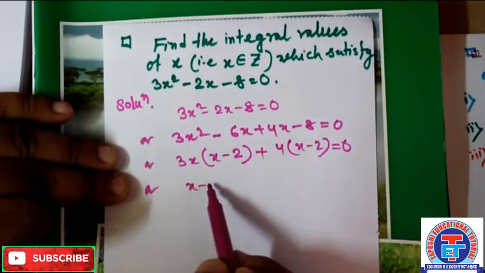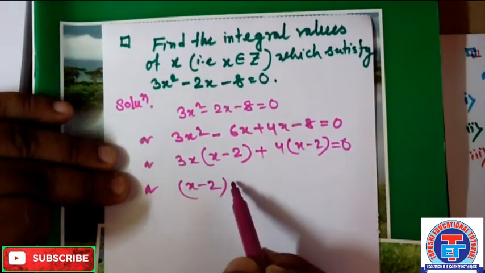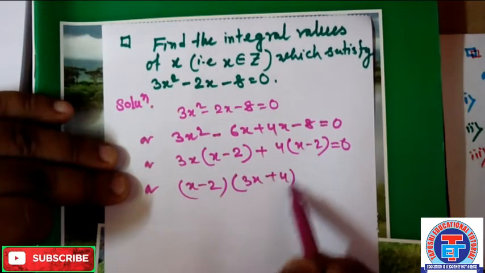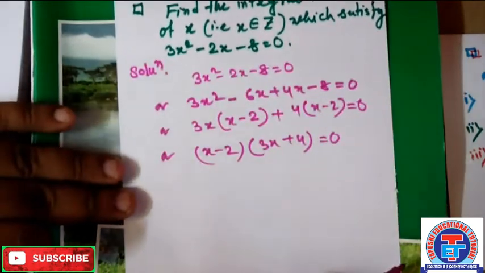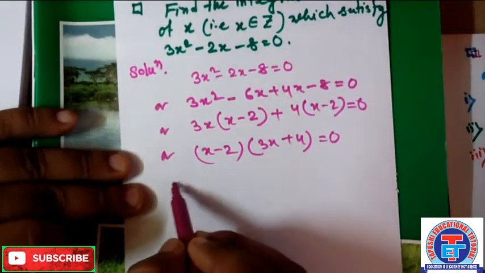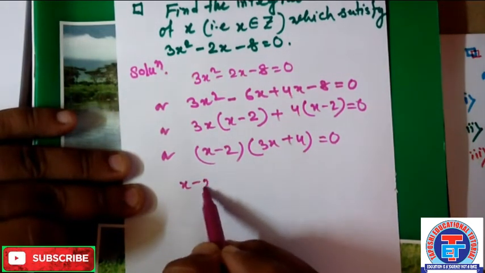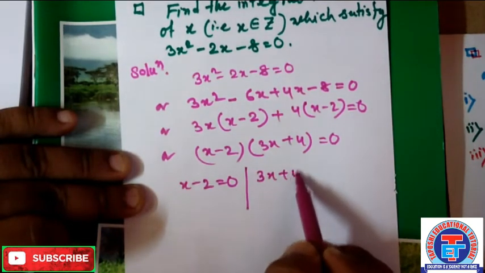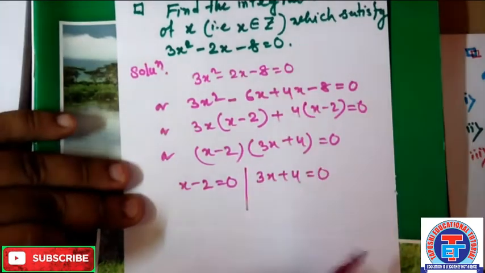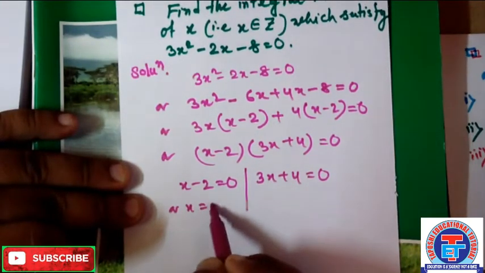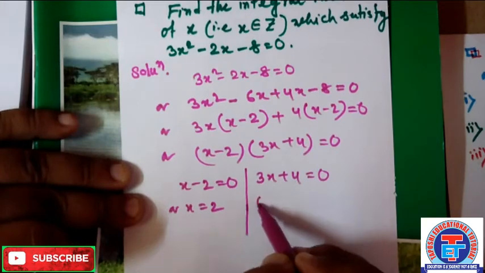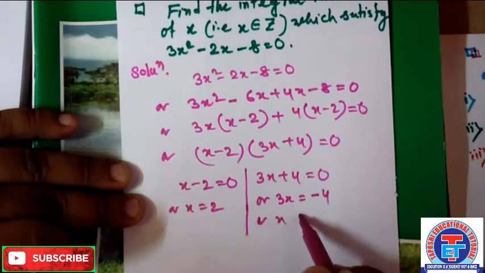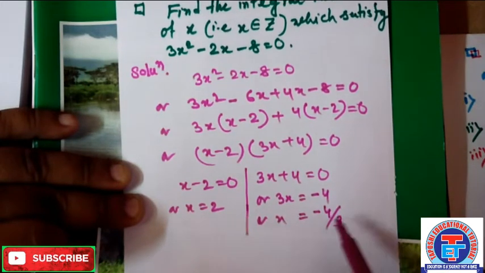Or x minus 2 is common here, and 3x plus 4 is equal to 0. Right, student? So here either x minus 2 is equal to 0, or 3x plus 4 is equal to 0. Right? So x is equal to 2, and here 3x is equal to minus 4, or x is equal to minus 4 by 3.